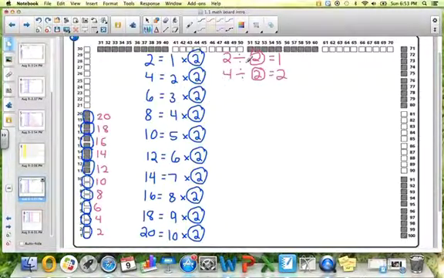So we are going to divide our product. Right here, this is our product in our multiplication equation. We're going to divide our product by our group size. Well, 2 is our group size, so we're going to divide the product by the group size to find how many groups of 2 we have in each product.